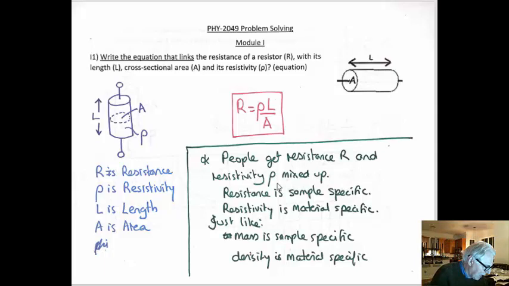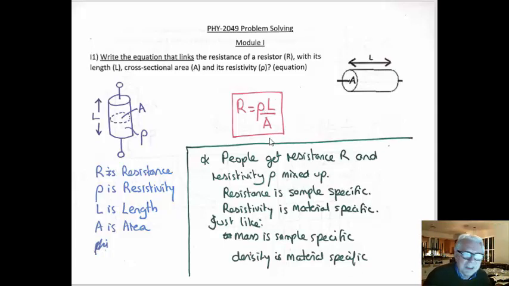So the material has resistivity, but the sample has a resistance. This is just like an object can have a mass. This sample of matter has a mass, but this type of material has a resistivity. So two words sound similar, but they're kind of different.